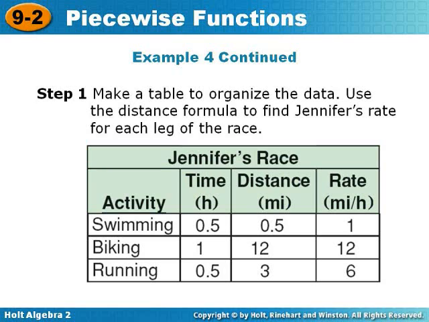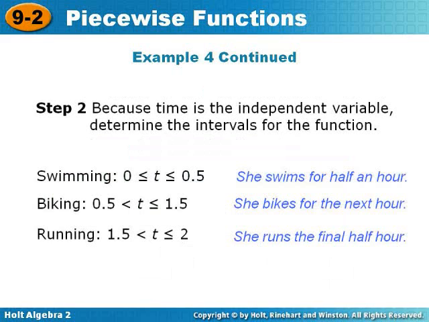So between 0 and 0.5 hours falls the first interval. 0 is less than or equal to t is less than or equal to 0.5. The second interval is biking. 0.5 is less than t is less than or equal to 1.5. Then she runs. 1.5 is less than t is less than or equal to 2.